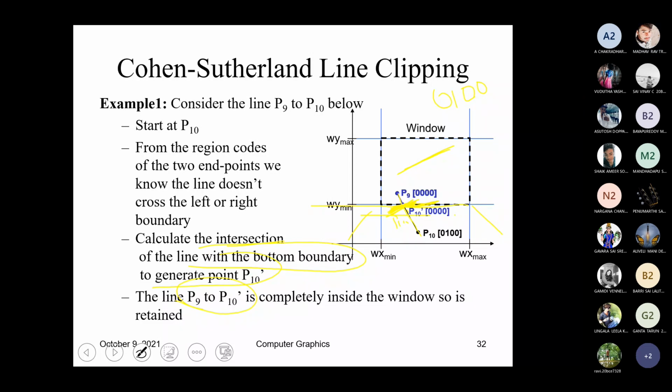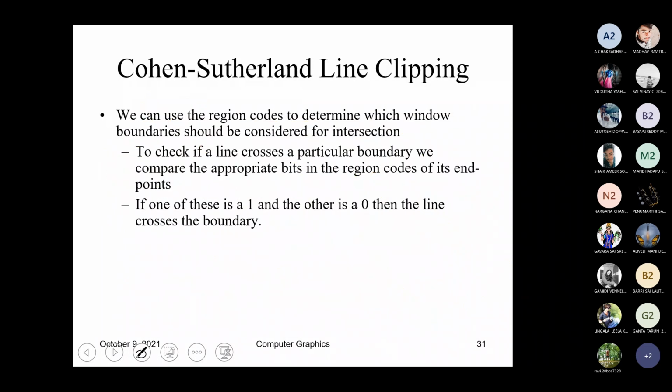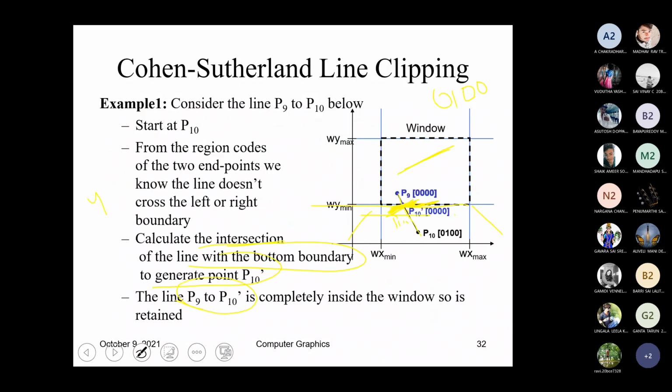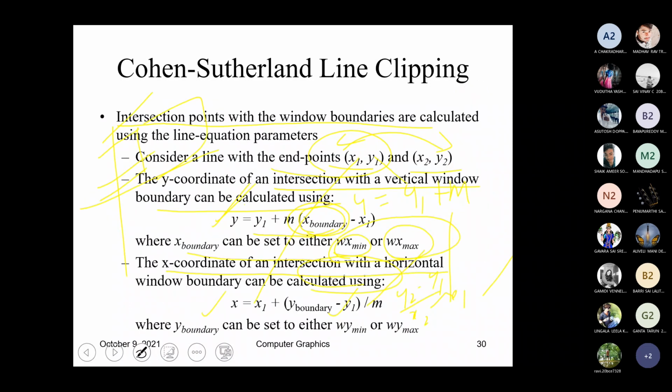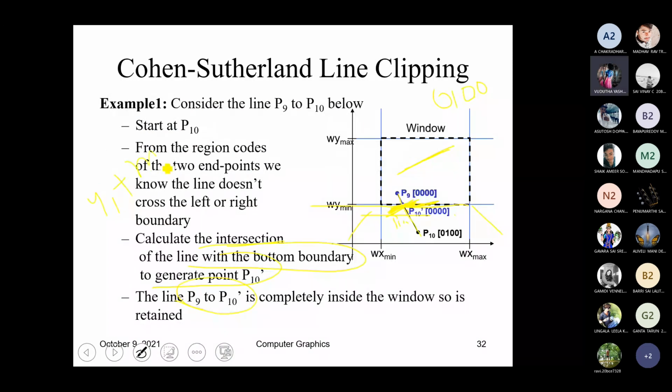Yes, ma'am. Another way we can tell is that you should consider y1 plus m into x boundary minus x1. y1 plus, anyone can tell? What was the line equation? m into x boundary minus x1.